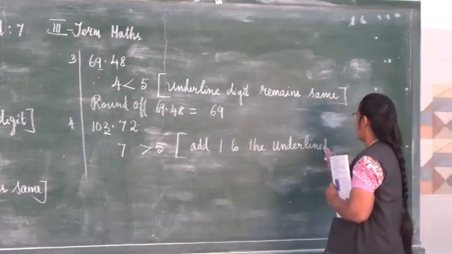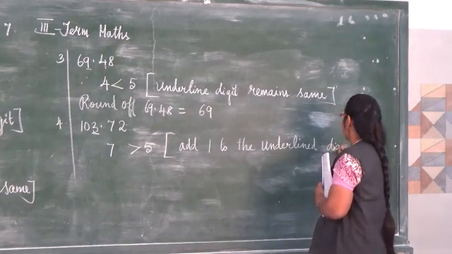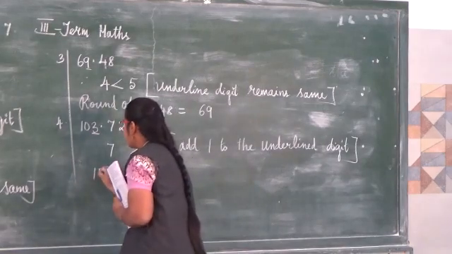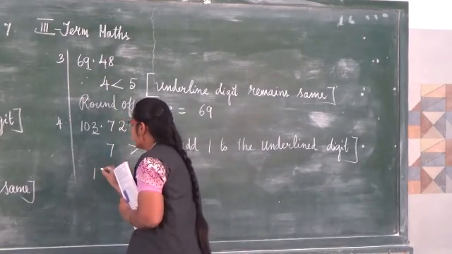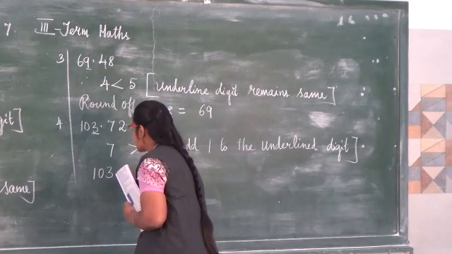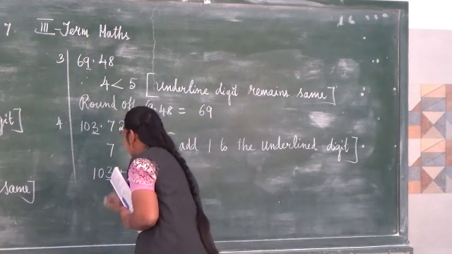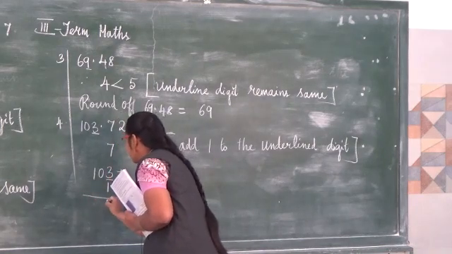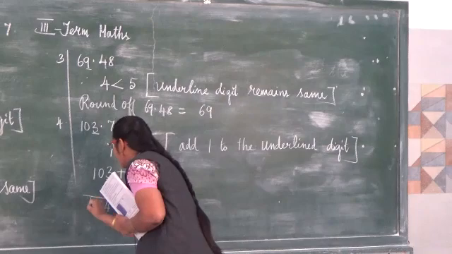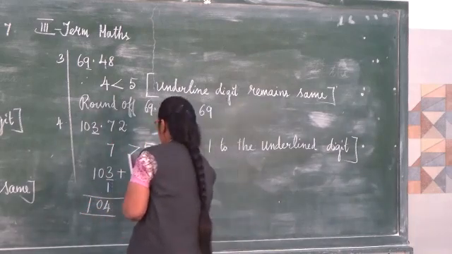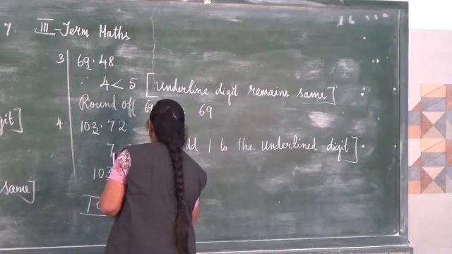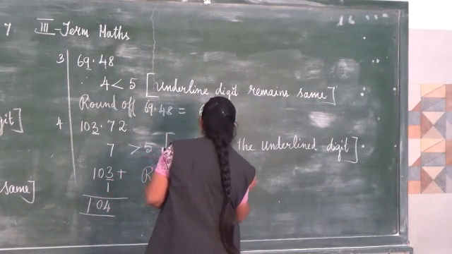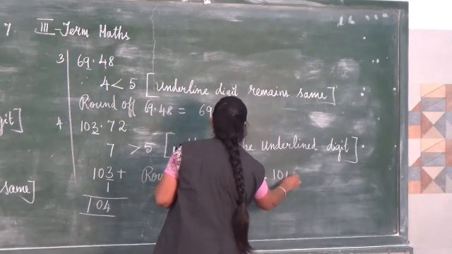If you add 1 to the underlined digit, we leave everything after it. So 103, the underlined digit is 3, and we are adding 1 to it. So you get 104. So round off 103.72 is equal to 104.